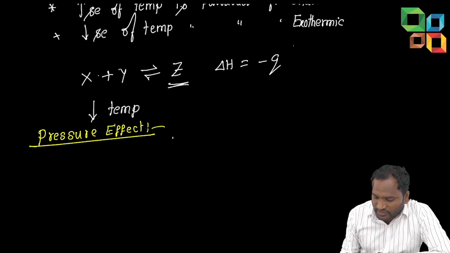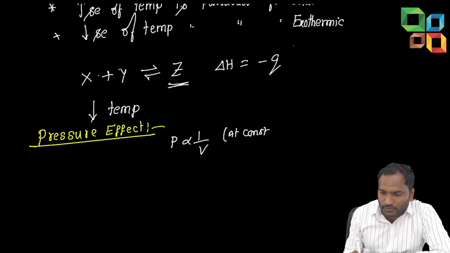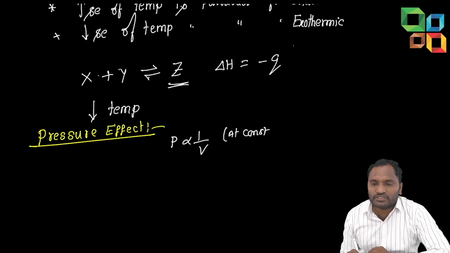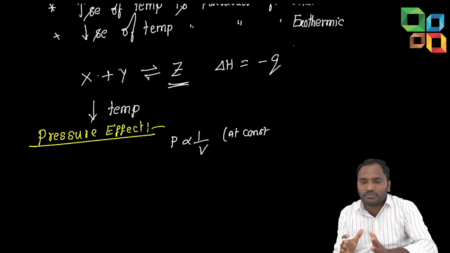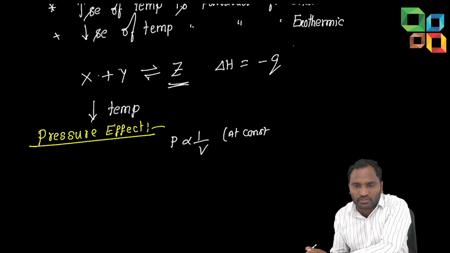Remember Boyle's law. You know Boyle's law: P is inversely proportional to volume at constant temperature. For time being, you just remember. Suppose if I increase the pressure, equilibrium will shift towards where the volume is less.